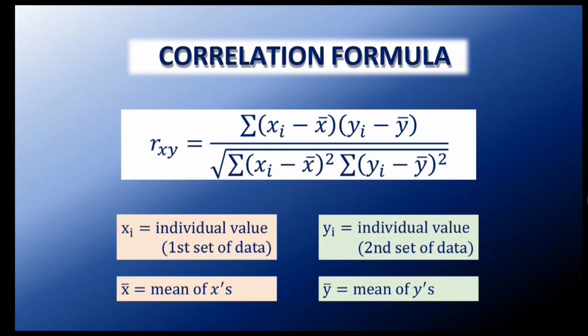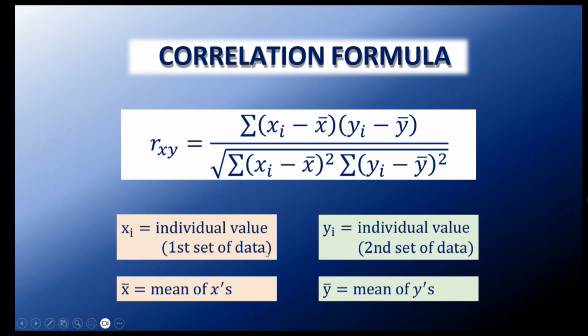If we're going to compute the correlation manually, we have this formula. We have the r sub xy, where x is one variable being correlated with another variable y. Here below we have the description: x is an individual value for the first set of data.